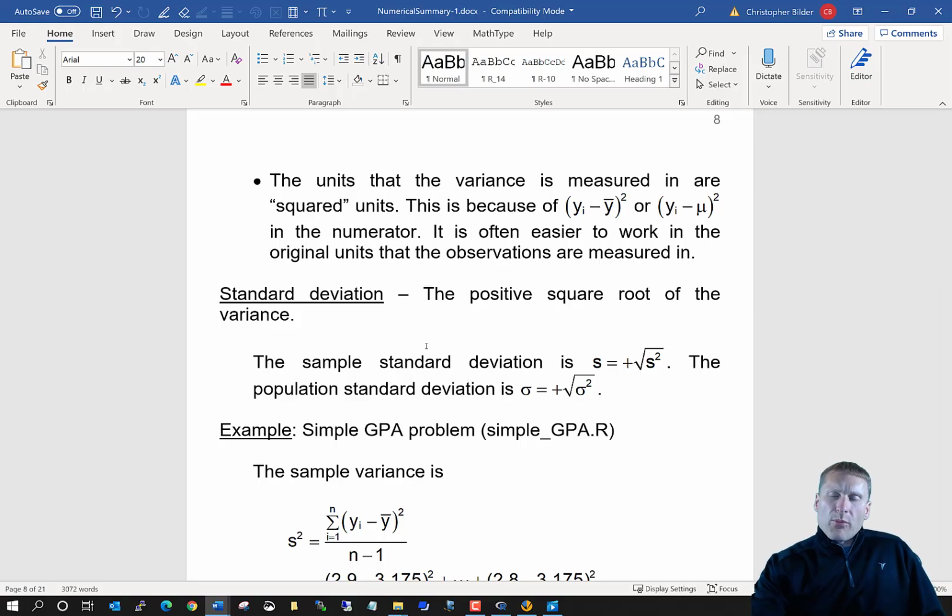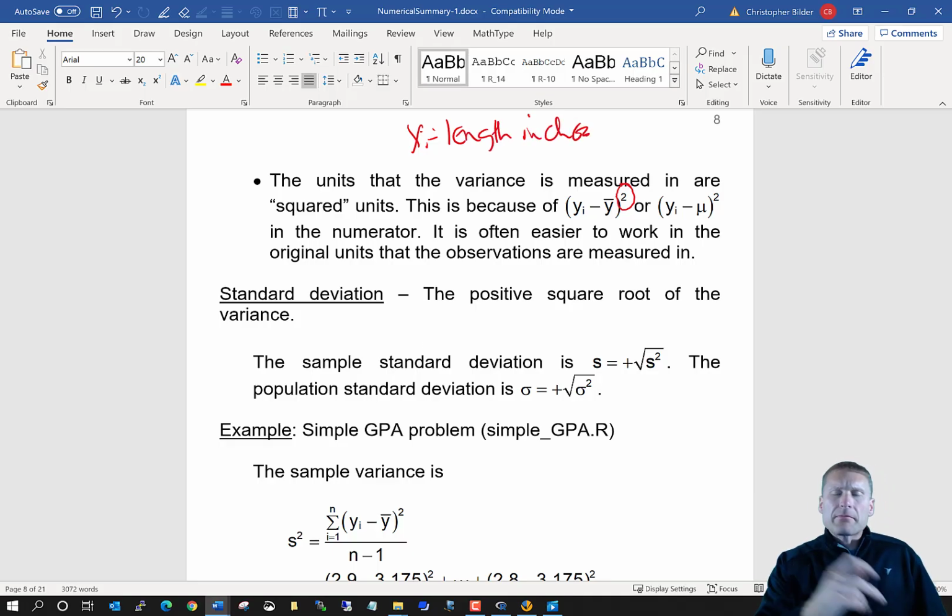Now there is one problem with this variance measure, and that is, since we are using a square there, we're actually measuring everything in squared units. So perhaps, let's say yi is a length in inches. Since we're working with yi minus y bar squared, this variance is actually inches squared.